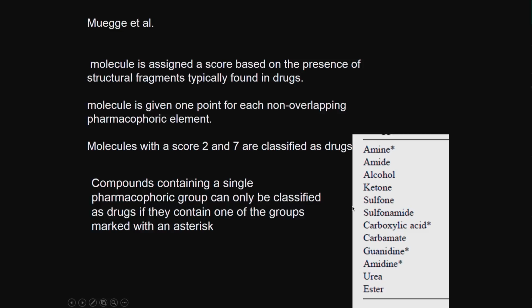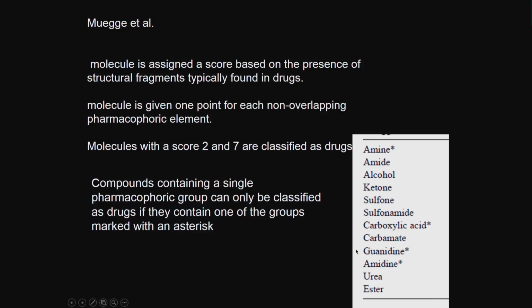They say drugs will have only these groups: ester, urea, amidine, guanidine, carbamide, carboxylic acid, sulfamide, sulfone, ketone, alcohol, amide, amine. So, you give 1 point for each non-overlapping pharmacophoric feature. That means if it has got 2 ketone groups, do not give 2 marks, just give 1. So, molecules with a score of 2 to 7 are classified as drugs.